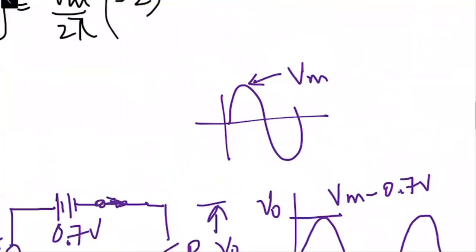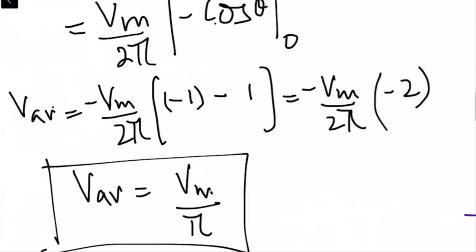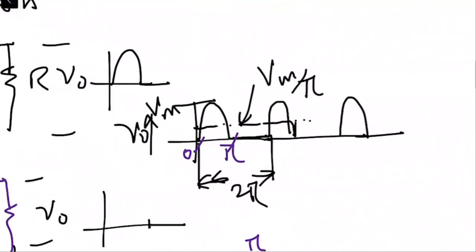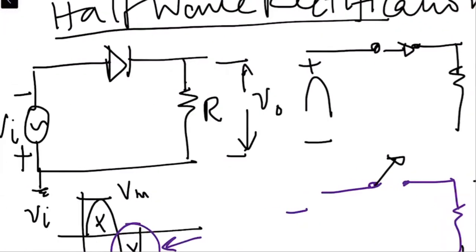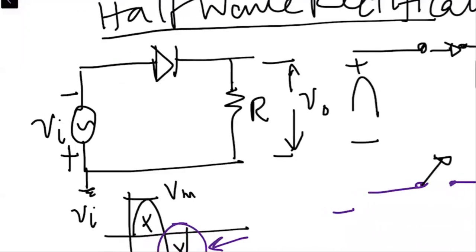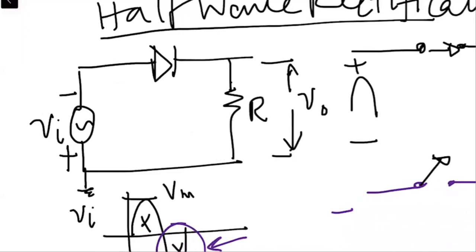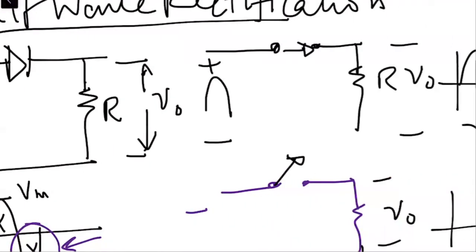If we go back to the starting point, we started from the half-wave rectifier circuit, and in the half-wave rectifier circuit we had a diode and a resistor. Now, if we install a capacitor in parallel to the resistor, how will this circuit behave? Let's see.